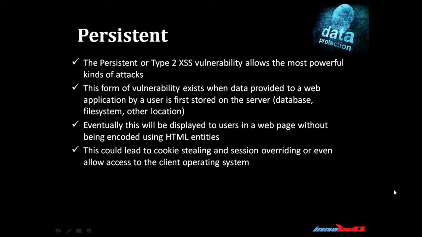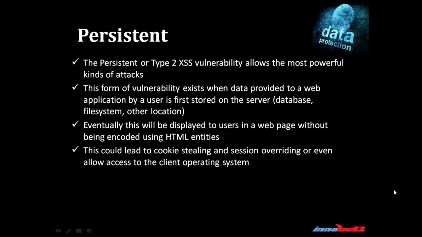The persistent or type 2 XSS vulnerability allows the most powerful kinds of attacks. This form of vulnerability exists when data provided to a web application by a user is first stored on the server, that is, in a database, file system, or any other location. Eventually, this will be displayed to users in a web page without being encoded using HTML entities.